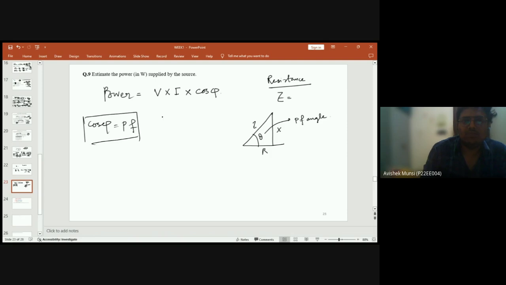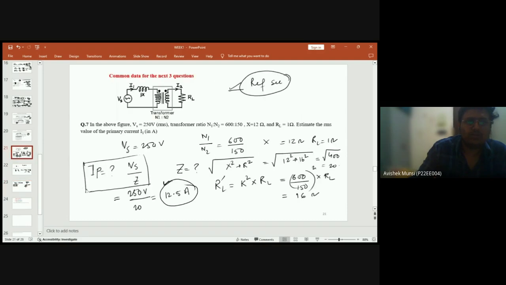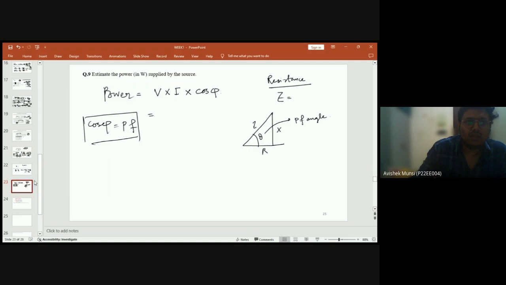So we have V, that is the supply voltage, 250. The current we calculated is 12.5. So it is 250 into 12.5 into cos of phi. So just calculate the value of phi.